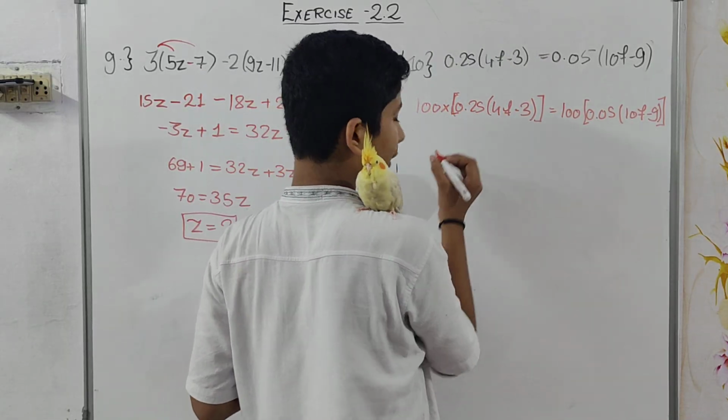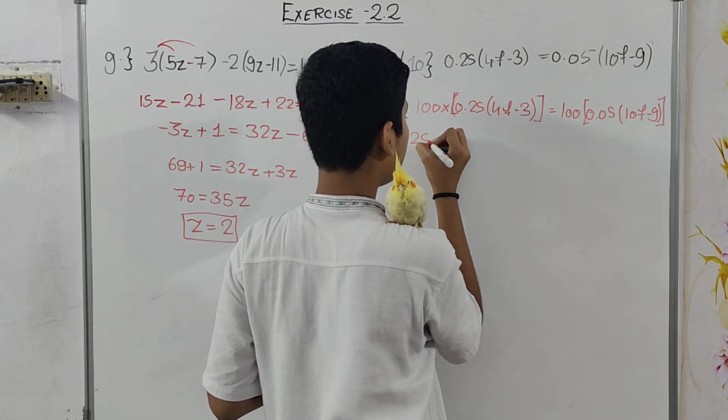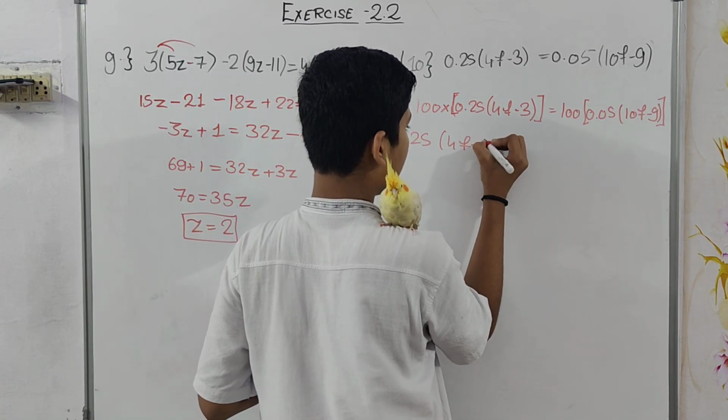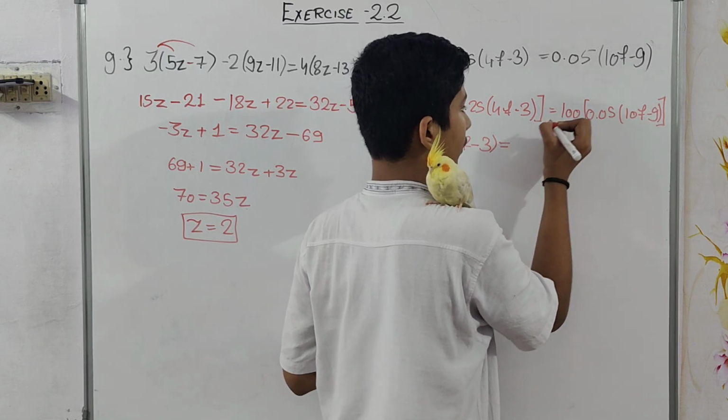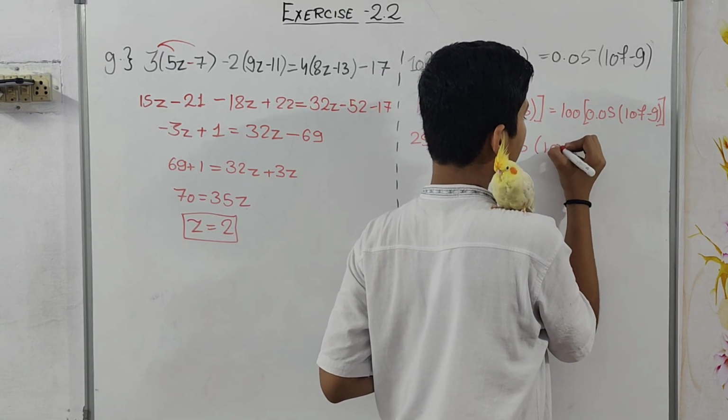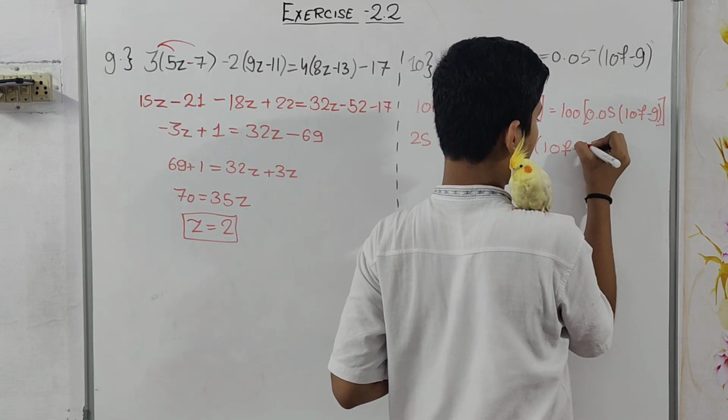Okay, now 100 into 0.25 is 25 multiplied by 4f minus 3 equals 100 into 0.05 is 5, 10f minus 9.